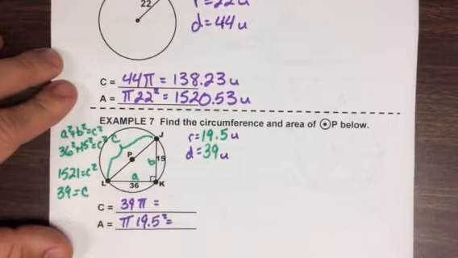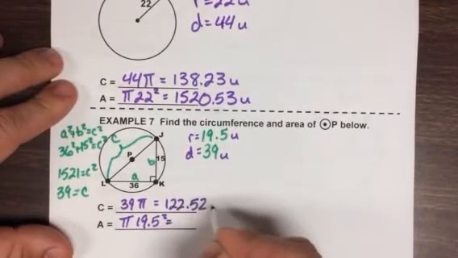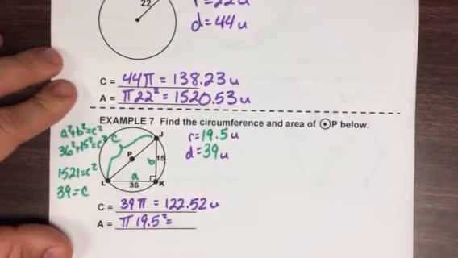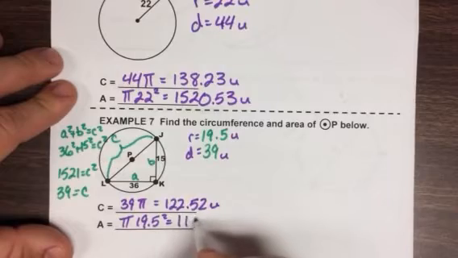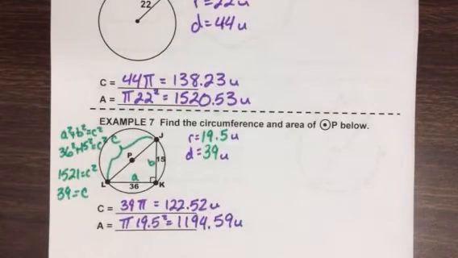So typing it in our calculator, 122.52 units, or 1,194.59 units. So that's finding the circumference and the area.